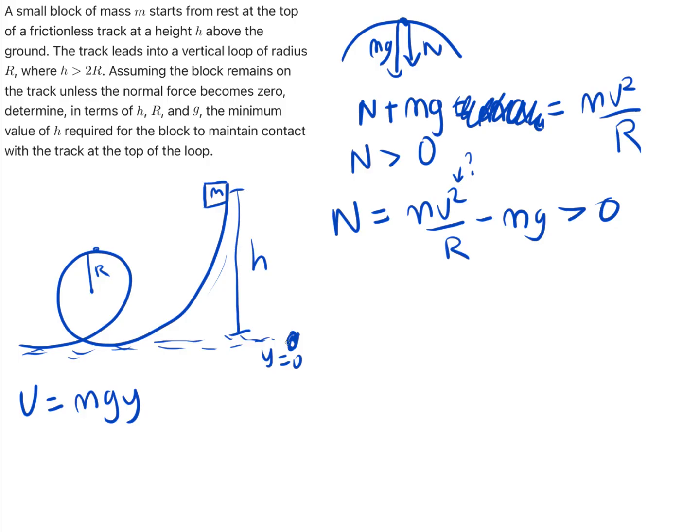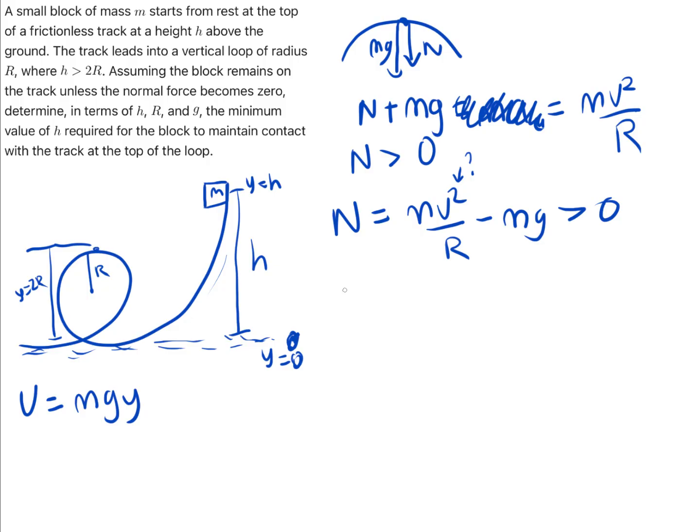So if we define this y value to be 0, then this block would start at y equals h. And at this point, it will have a y value of 2r. And so now we can just use energy conservation. And it's on a frictionless track, so no friction acts on it, and mechanical energy is conserved.